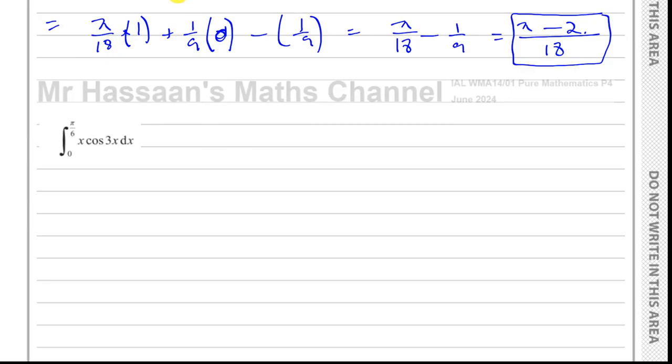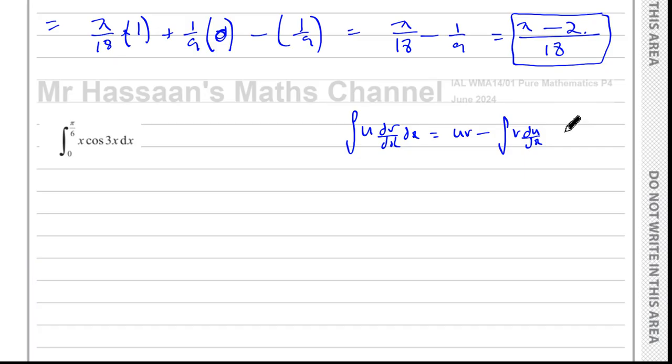Okay, so now, integration by parts, as you'll see in the formula sheet, you have a particular formula, which is as follows. It says the integral of u dv dx with respect to x is equal to uv minus the integral of v du dx.